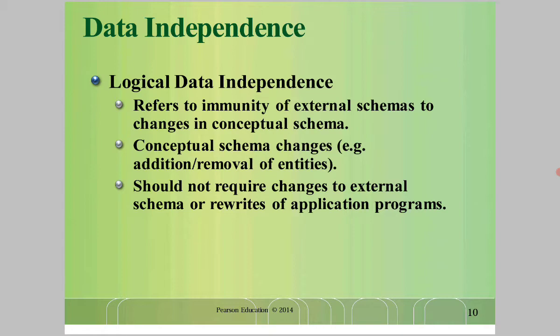Conceptual schema changes should not require changes to the external schema or rewrites of applications. We may not need to change the internal schema or conceptual schema, so without changing these two, we may modify the database design.